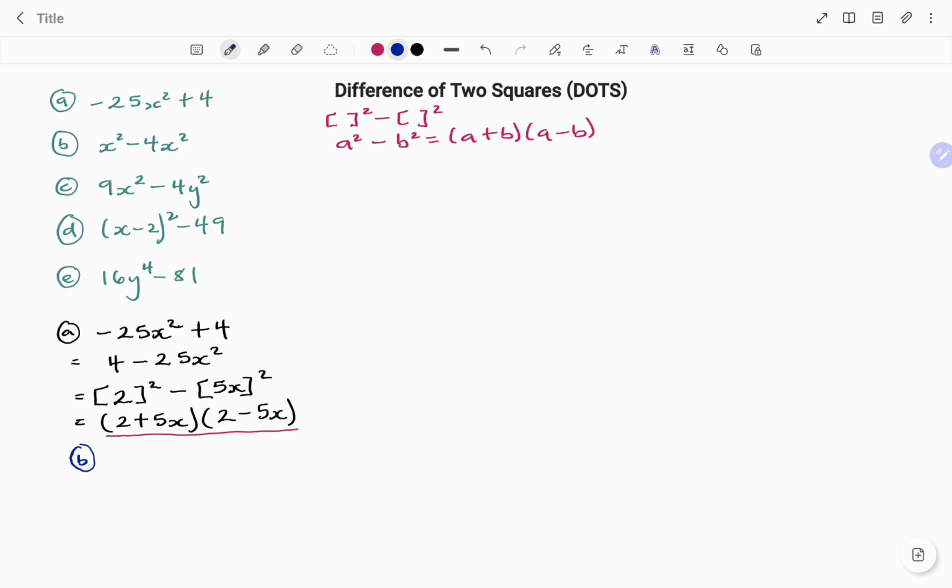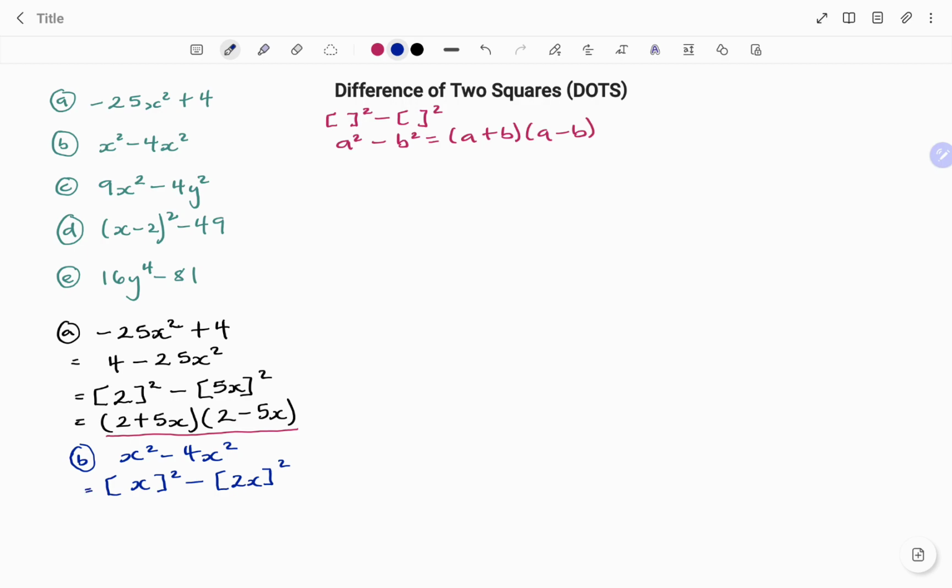Let's look at the second example. For my second example, I have x squared minus 4x squared. Writing it in the format something squared minus something squared, I have the square root of x squared is x. In the second bracket, I have 2x, because 2x all raised to the power of 2 will give me 4x squared.